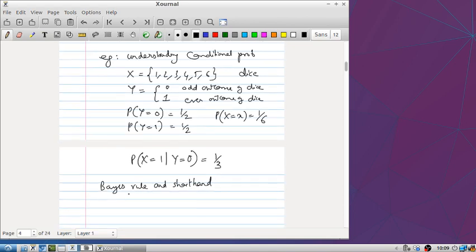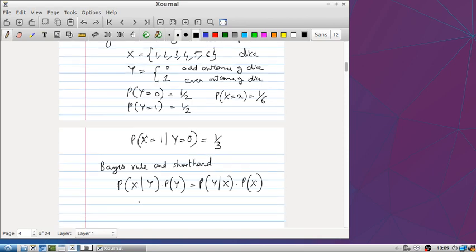Sometimes you don't really need the expansion. All I'm saying is the probability of x given y times the probability of y is equal to the probability of y given x times the probability of x. Here I really dropped x equal to little x, y equal to little y, and so on. And Bayes rule is just saying the probability of x given y is equal to the probability of y given x times the probability of x divided by the probability of y. Okay.